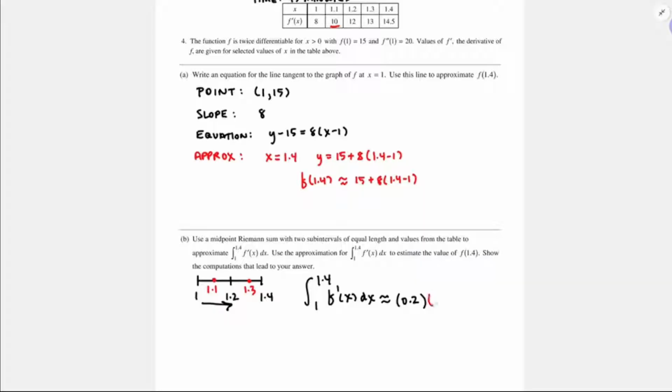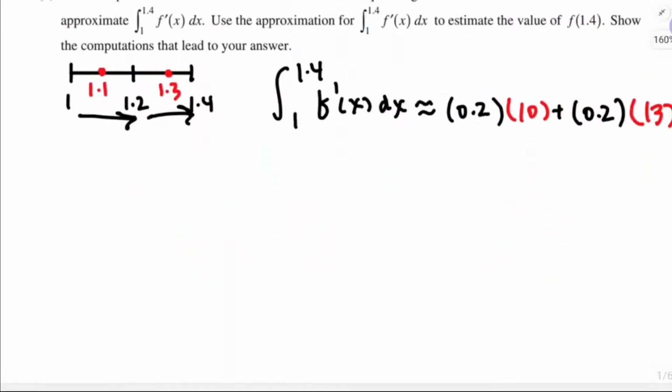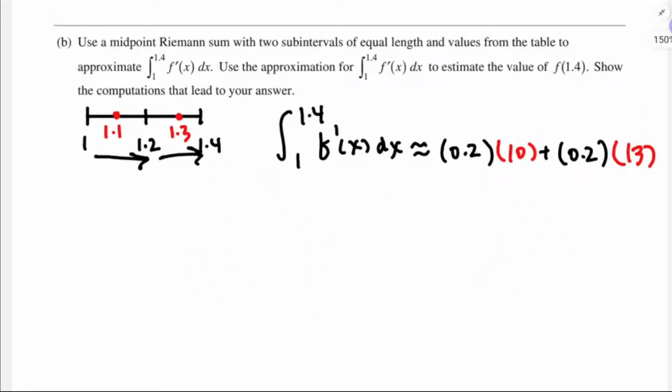So I can put that there. And then I'll be adding that to the next subinterval, which also has a width of 0.2. And then I'm going to get my height from the value in the table. That's looking like 13. And there I've got myself an answer. And show the computations that lead to my answer. Those are them right there.